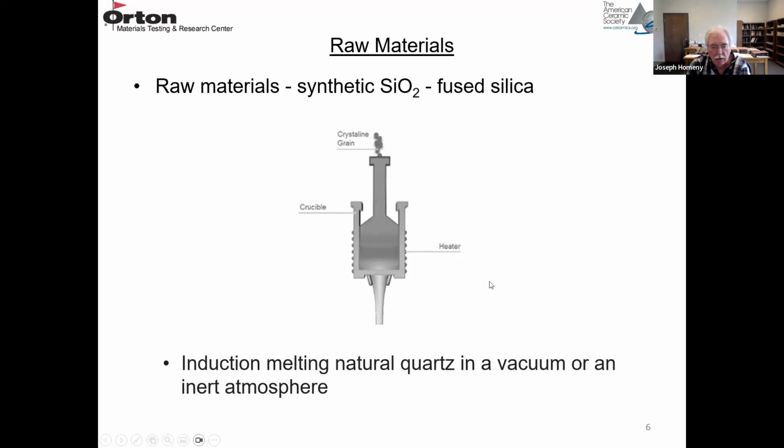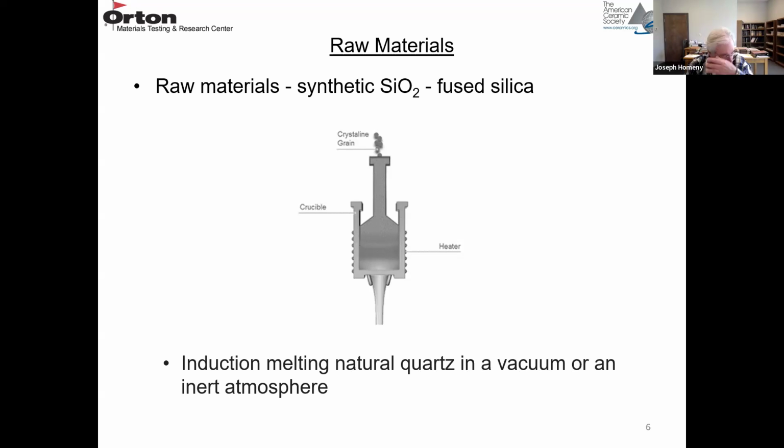Fused silica, you basically heat quartz and you melt it. So this is an induction furnace. It's a high temperature furnace, and they usually run in vacuum or inert atmospheres. So these are the water-cooled coils that are used in an induction furnace, and you just melt quartz, and then you end up with fused silica.